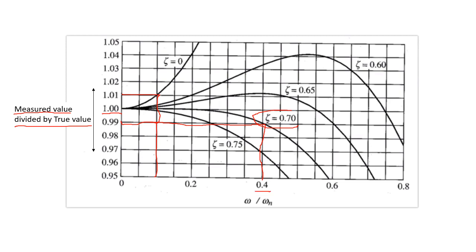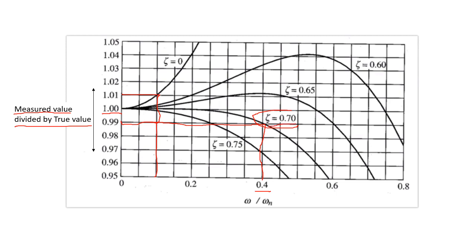So higher the values of zeta, you can have higher value of omega by omega n. This indicates the percentage error. For less than 1% error, omega by omega n should be 0.4. Anything more than 0.4 would lead to an increase in the error percentage for zeta equal to 0.7.